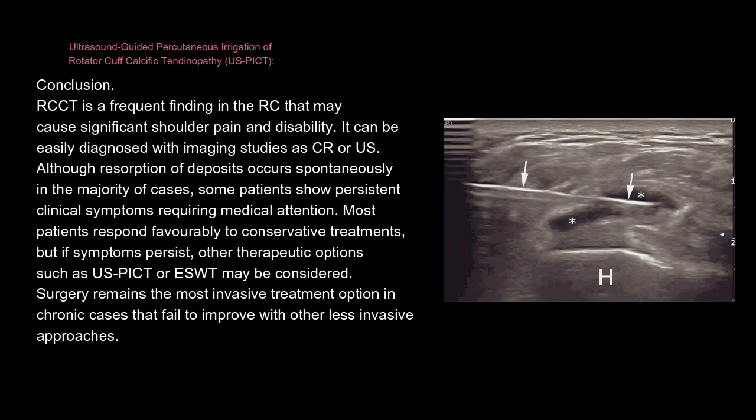Most patients respond favorably to conservative treatments, but if symptoms persist, other therapeutic options such as US-PICT or ESWT may be considered. Surgery remains the most invasive treatment option in chronic cases that fail to improve with other less invasive approaches.